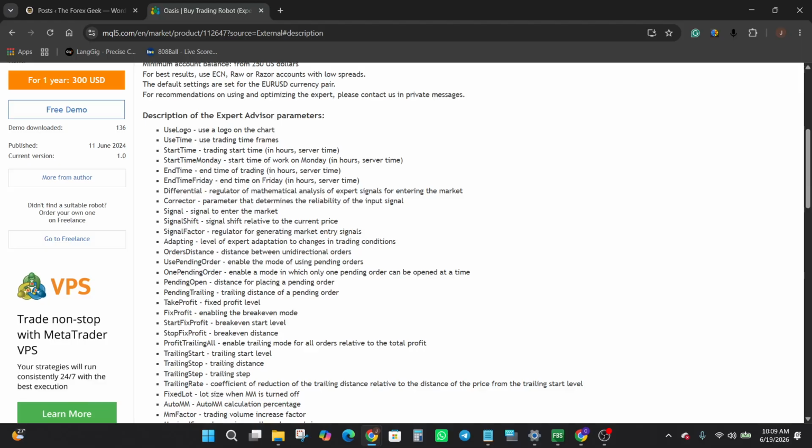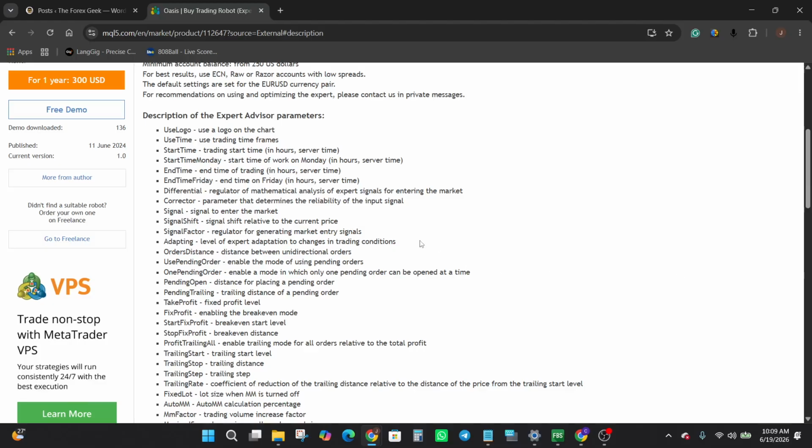Now, the EA also supports pending order functionality. Users can enable or disable pending orders, limit the number of pending orders, and configure placement and trailing distances. Beyond that, there are multiple profit management tools, including fixed profit targets, break-even functionality, profit trailing, and trailing stop controls.